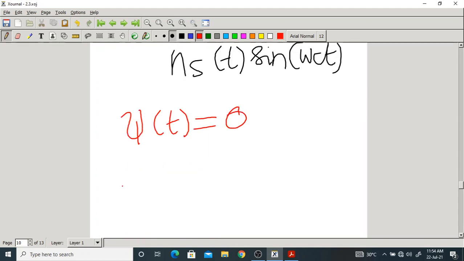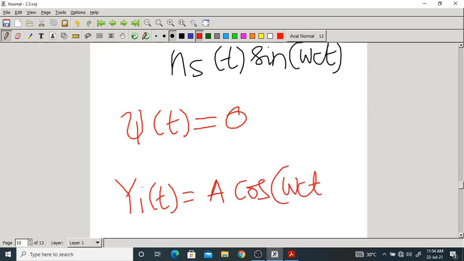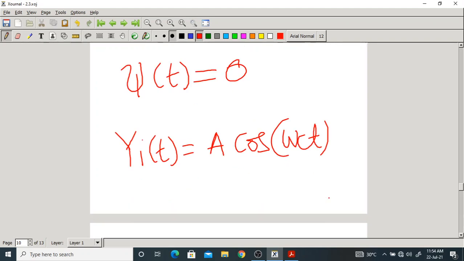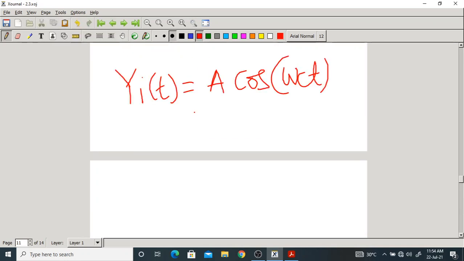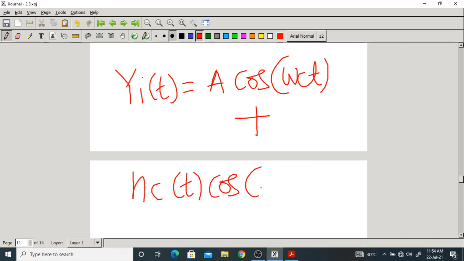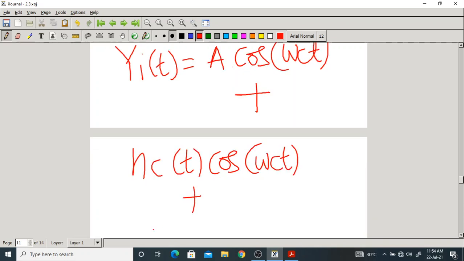Then what is the input to the discriminator? Simply the carrier A cos omega ct plus nc of t cos omega ct plus ns of t sin omega ct.